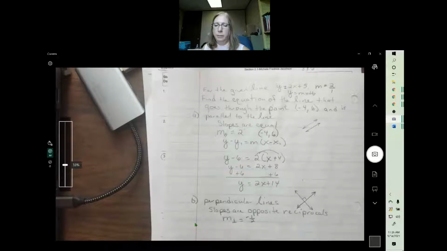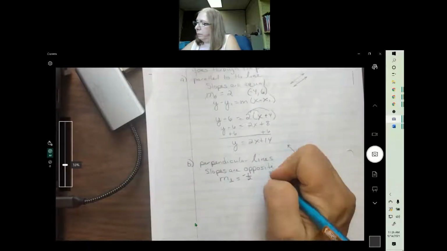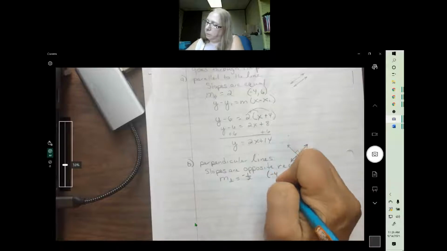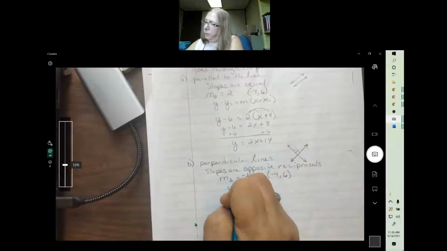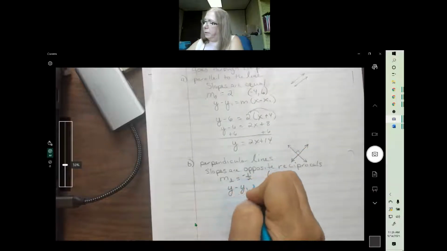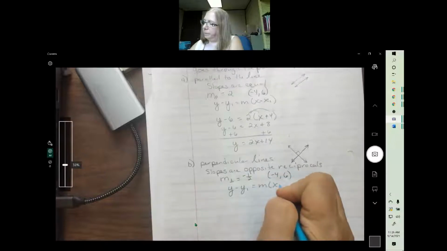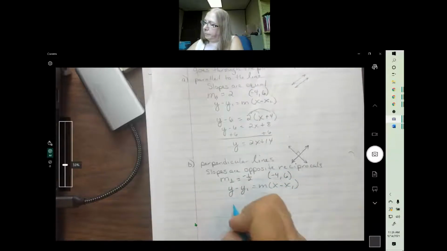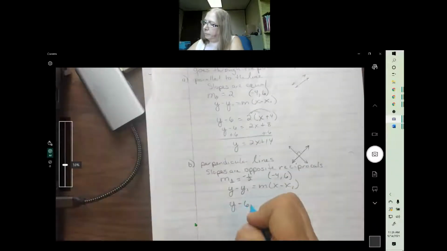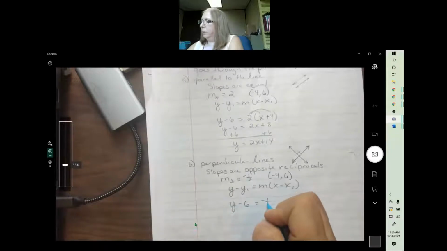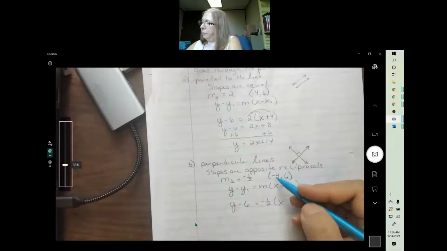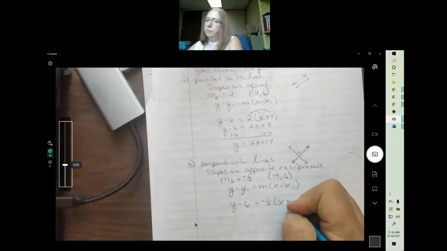Any questions on that part? Then you do the same thing we did above, use the same point. y minus y1 equals m times x minus x1. Minus a negative 4 would be a plus 4.